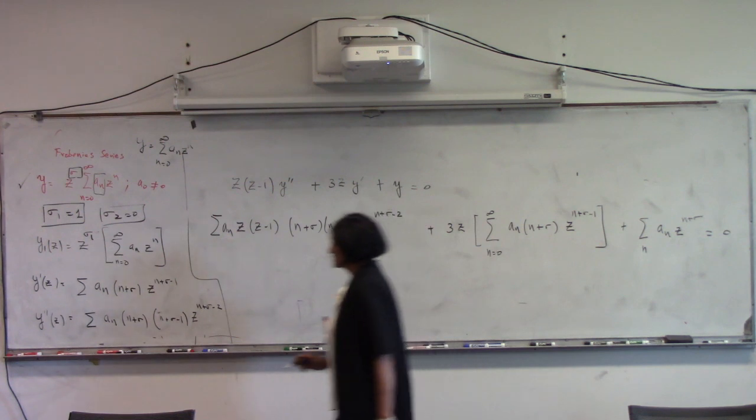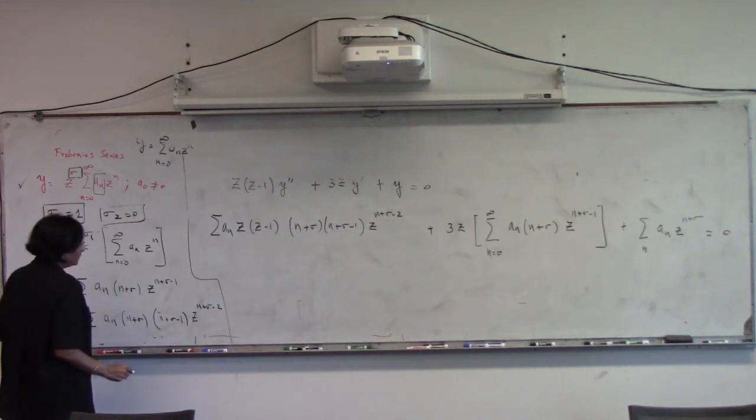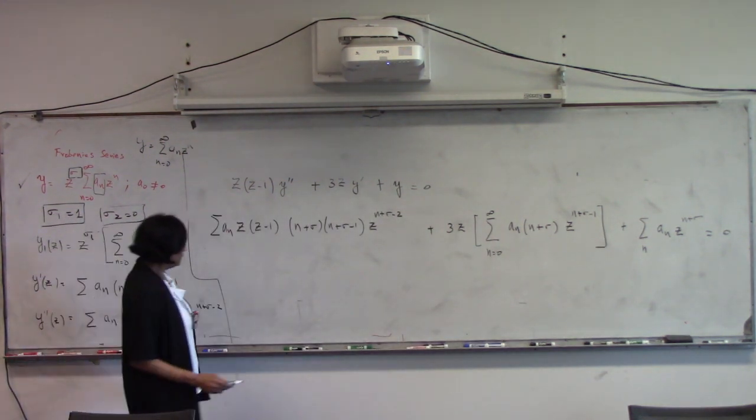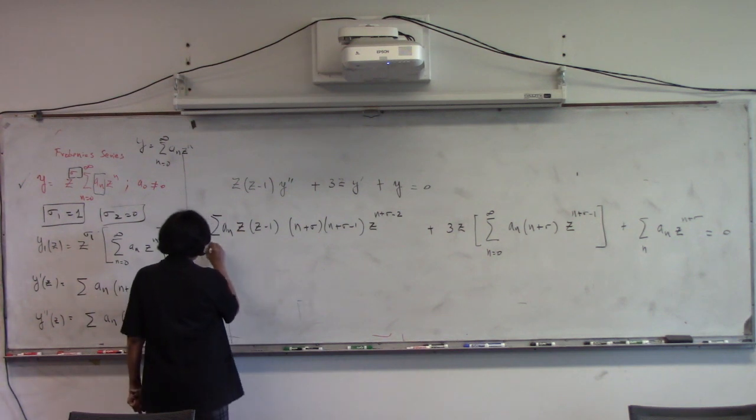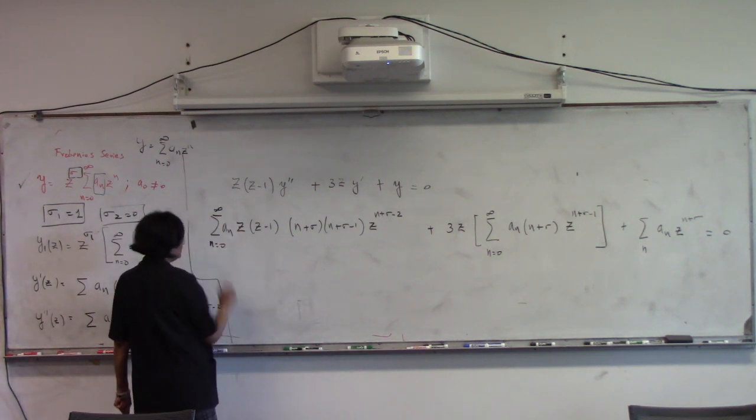All I've done is just substitute y prime and y double prime into the equation. So n is going from 0 to infinity.